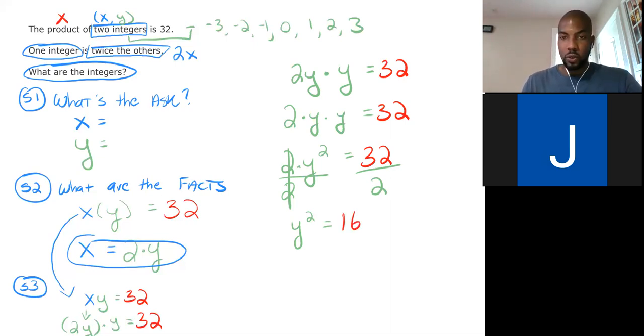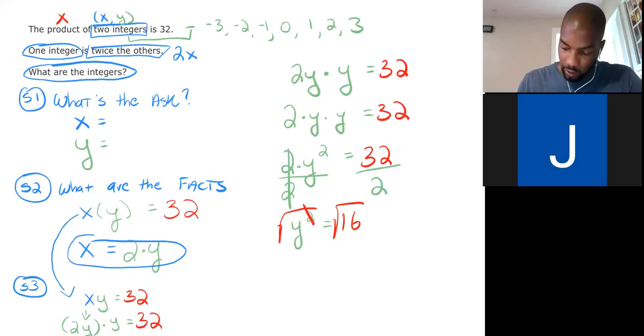Now to get rid of a square, or a power of 2, I take a square root, and a square root to the other side. What I do to one side, I must do to the other. This cancels out the square. This turns into a regular y equals the square root of 16, which is 4. How do I know that? Because 4 times 4 is 16.